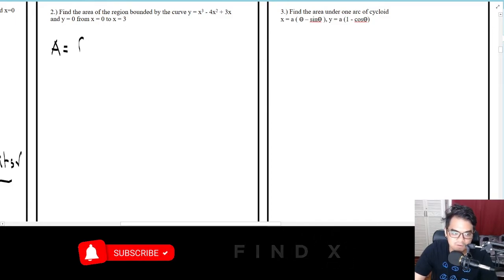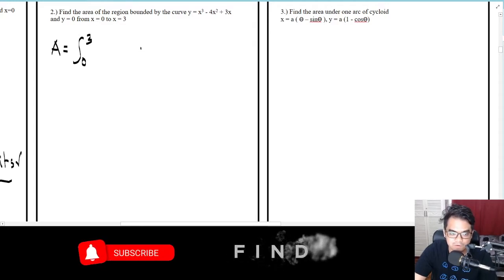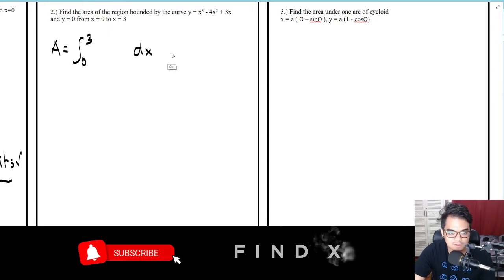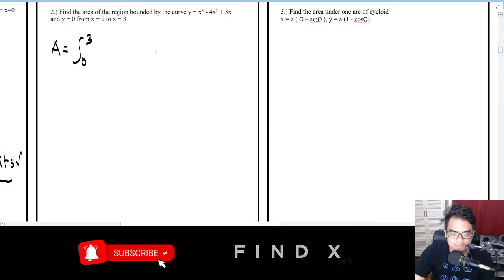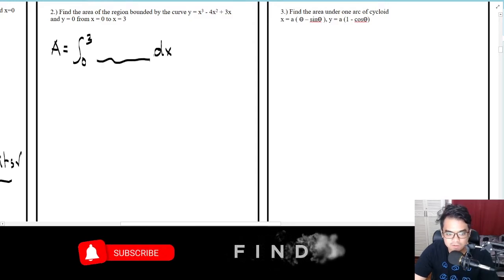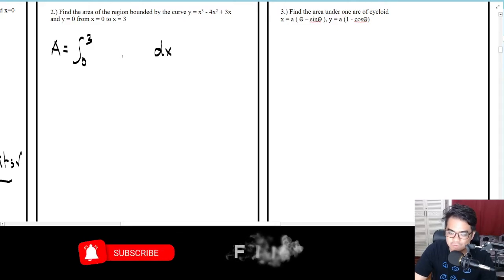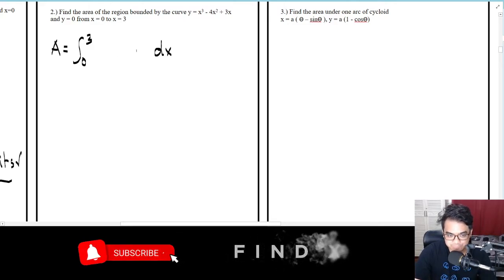Therefore, if your limits here are 0 and 3, and that is with respect to x, you must have here dx. And then of course what you must write here is a term containing x only. It must be free of y, it doesn't have y.